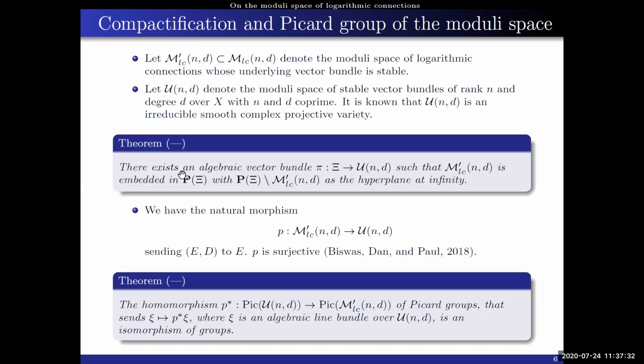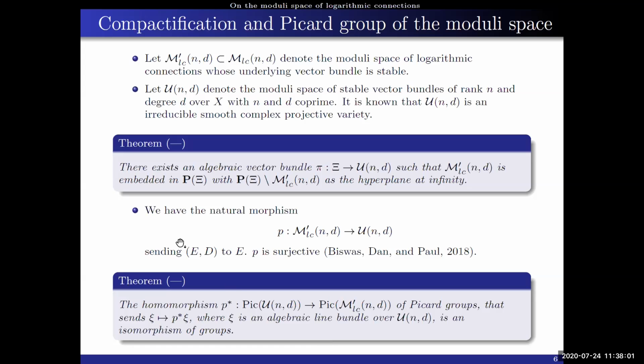So the theorem is: there exists an algebraic vector bundle Ξ over U(n,d) such that M_LC' is embedded in the projectivization of this vector bundle with complement as the hyperplane at infinity. So this is a smooth compactification of M_LC'(n,d), and this theorem is used in proving the Picard group isomorphism.